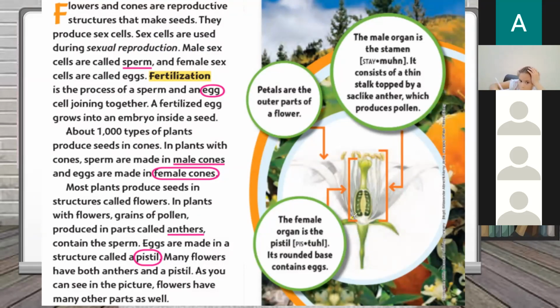This is the ovary. Inside the ovary, you have eggs. See? These dots are like eggs. Small eggs, dots. And this is the pestle. Can you see the pestle?